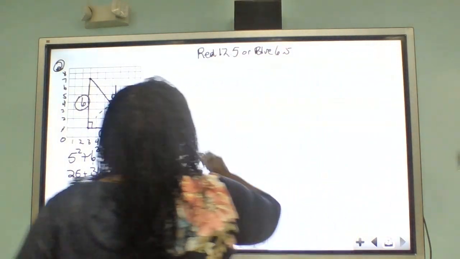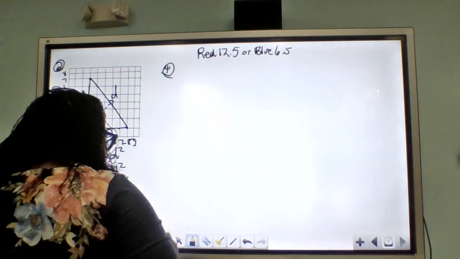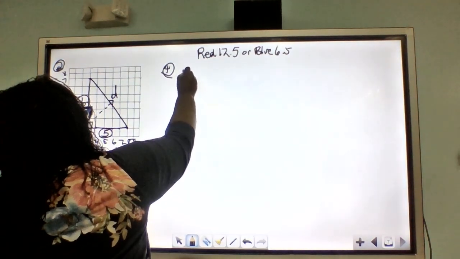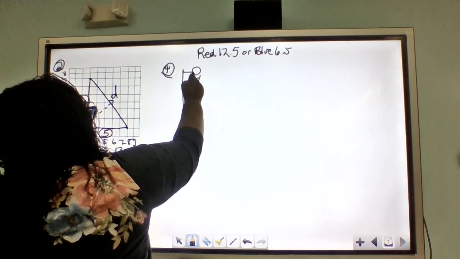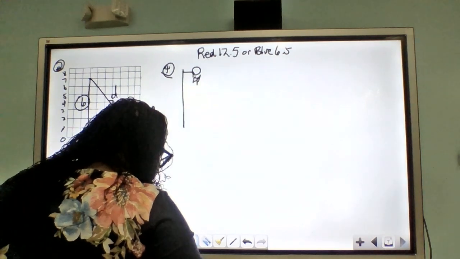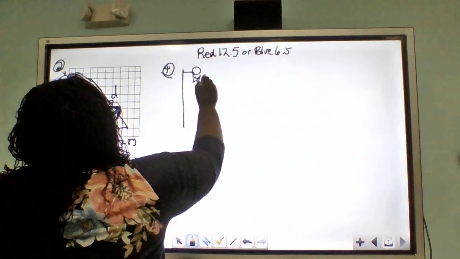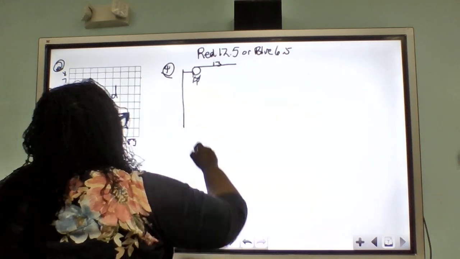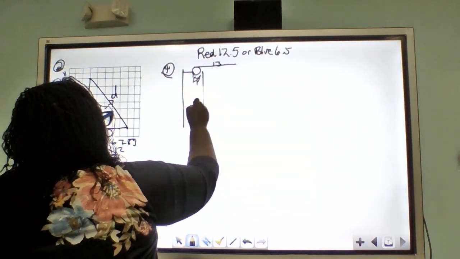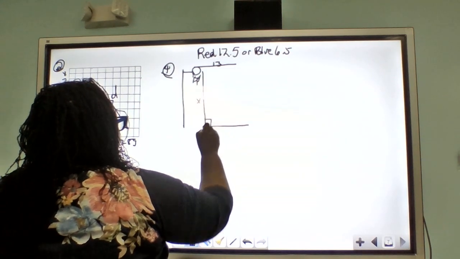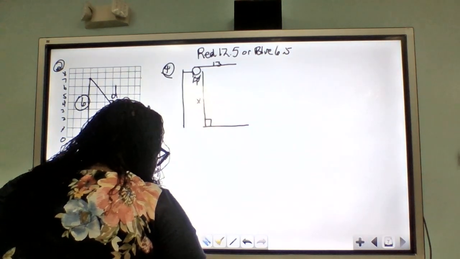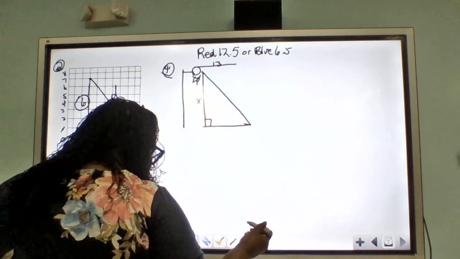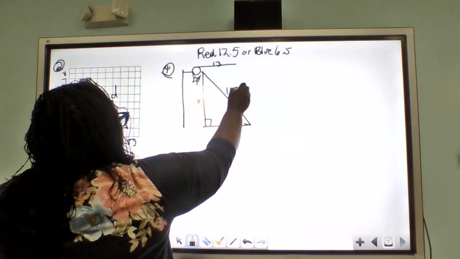Number 4, you have another right triangle situation where you have a basketball goal, okay? And they're saying that from here to here is 13. The goal reaches here, here, proper angle here, and it goes here, which will give you a 16.4 feet.